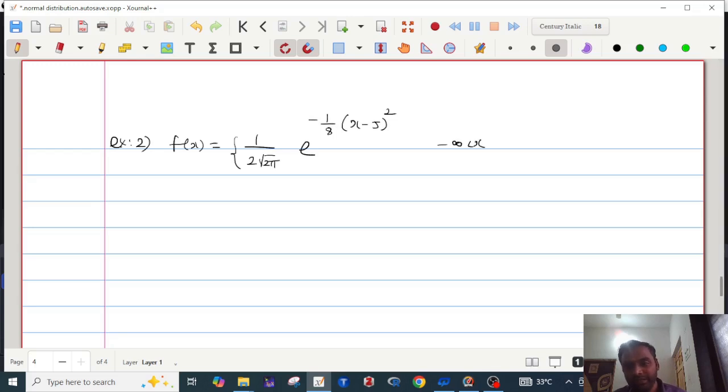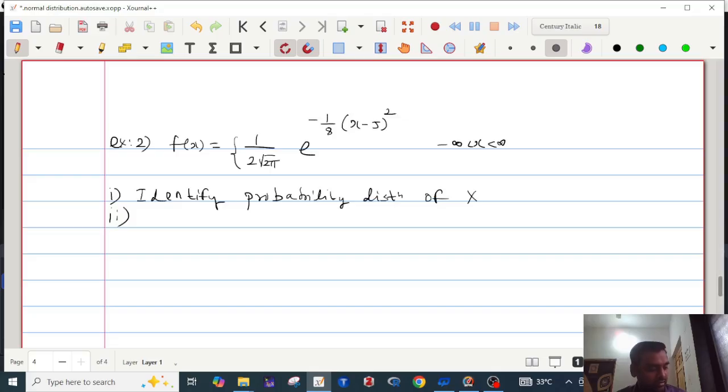Similar example, you can easily identify this. The first part is identify the probability distribution of x. Secondly, once you compute that, then find the expectation and variance of 2x plus.